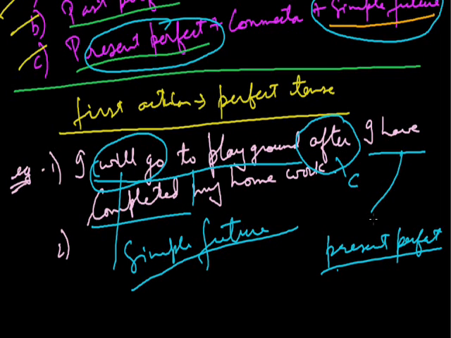This action will happen and after that the other action, that is going to the playground, will occur. We can put this sentence like this also. After I have completed my homework, comma, I will go to playground. But the important thing is we will use perfect tense with the action which finishes first, then the other action.